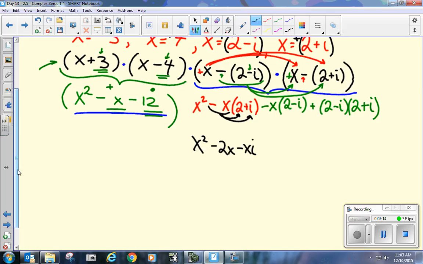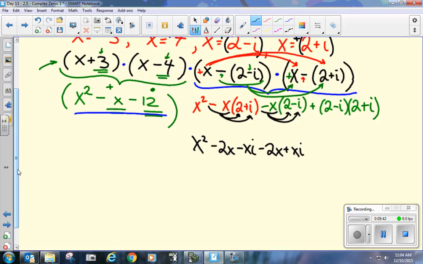All right, and I'm going to do the same thing with this negative x times this 2. What am I going to get? Negative 2x, and positive xi. Right now, I can tell my xi's are going to cancel, so that i's going to be gone.